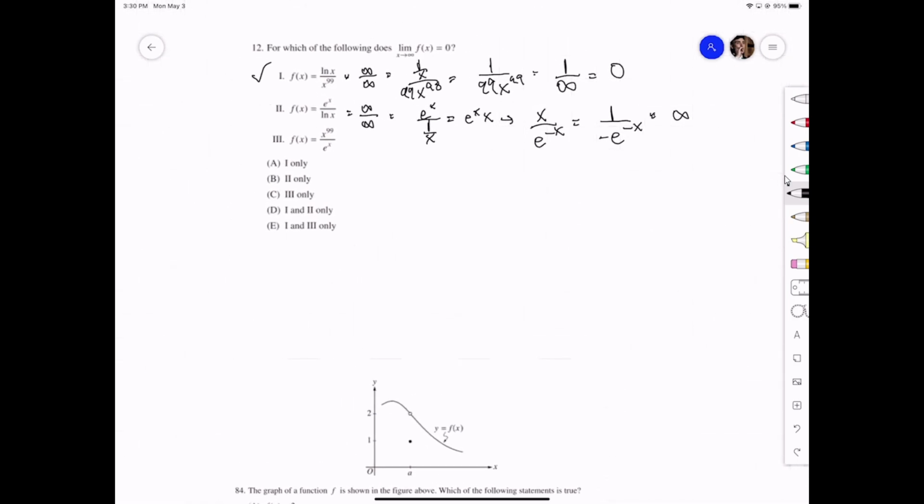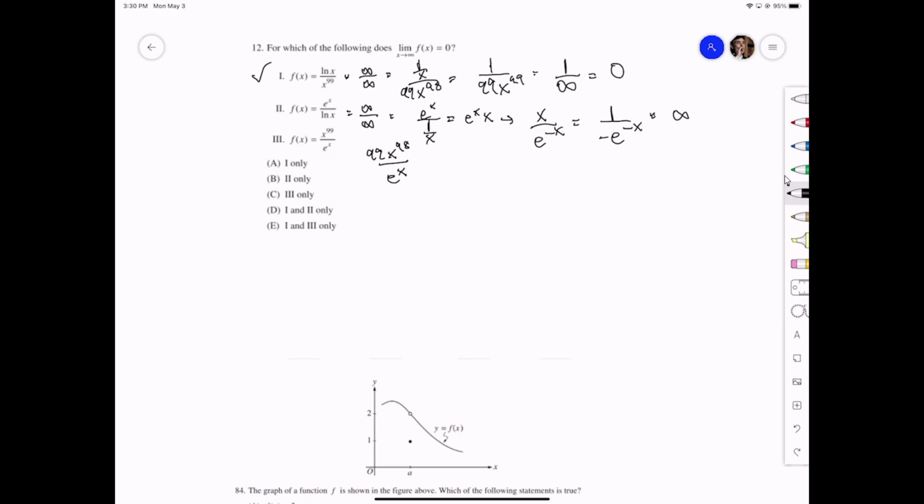Thanks. Okay, so for this one, you get infinity over infinity again. So you can do L'Hopital's rule, but here's the thing. You're gonna keep getting infinity over infinity because it's an exponent function over an exponential function.